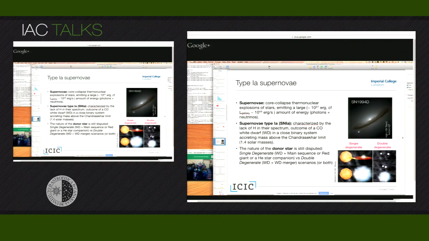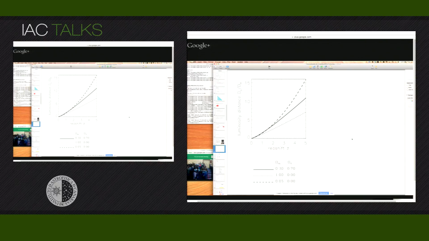And that means it's plausible to expect that all supernovae type 1a will have roughly the same intrinsic luminosity. And that means you can use them as standard candles. Remember what I told you yesterday about the dependency of luminosity distance on redshift and the dependency of this curve on the value of the cosmological parameters.